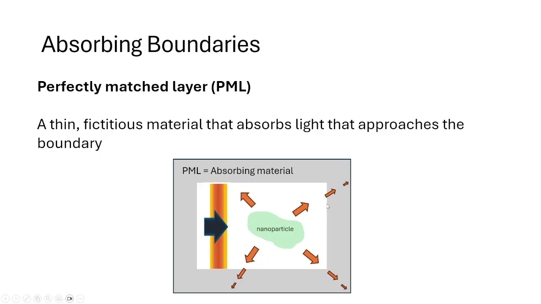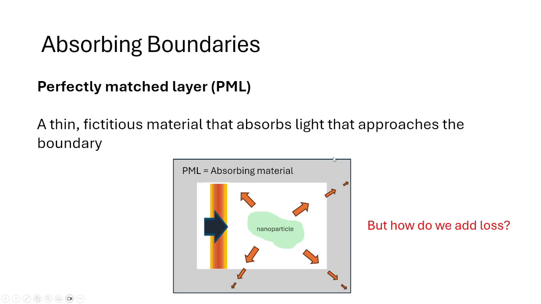The goal is that before it hits the wall, the intensity reaches such a low level that when it reflects off the boundary, the reflection will be negligible. Ideally, that reflection would be 0, but because we're working with finite differences and simulations, nothing's ever 0, so we go for a very small value.